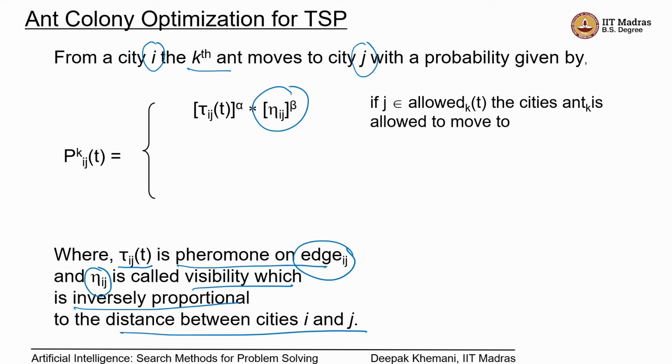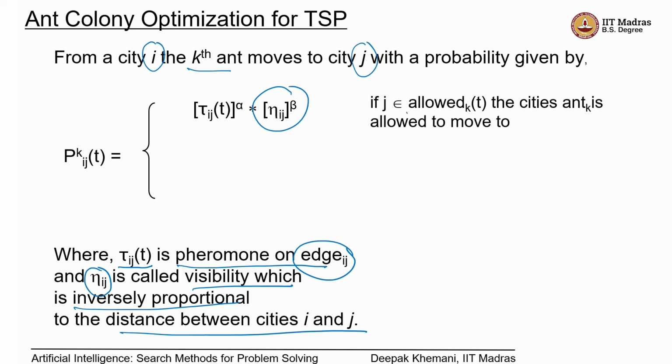So it has two tendencies. One is that it tends to go to the city which is closest. So that's like the greedy search algorithm that we had started off TSP with. Just go to the nearest neighbor. But it has another tendency, that follow that edge which has more pheromone on it essentially. And it looks at a combination of both of these.